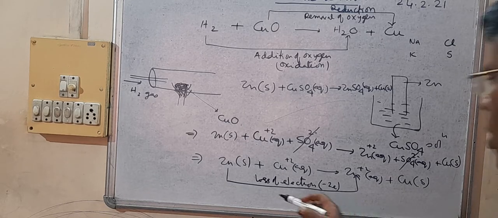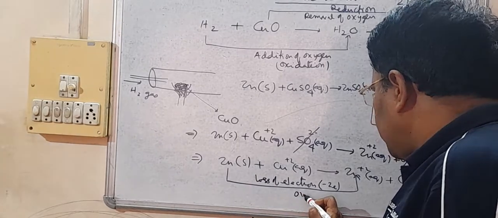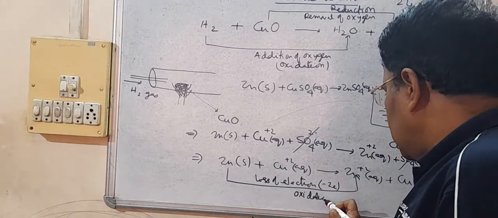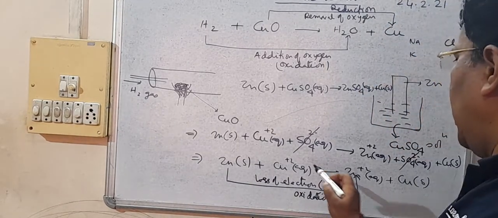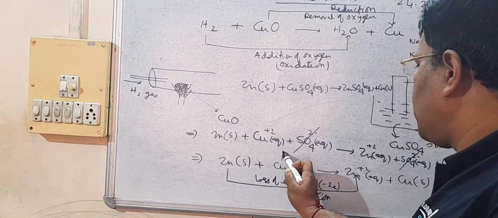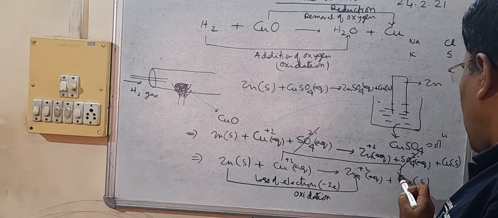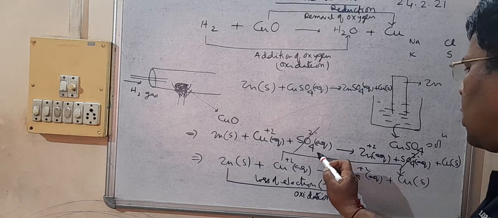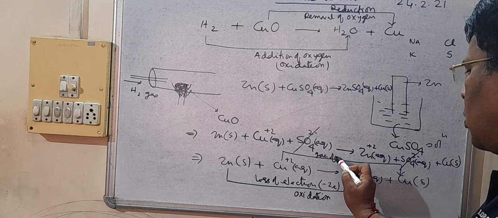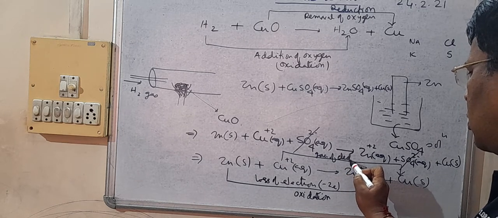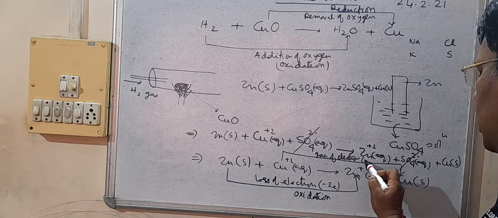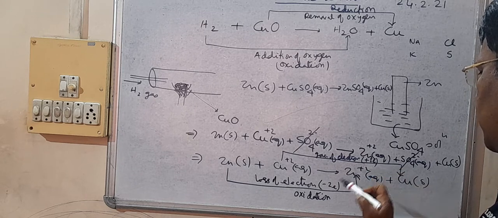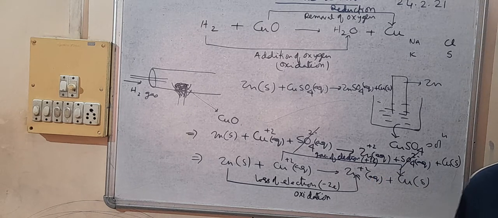So this process is oxidation. And you see Cu2+ to copper, there is gain of 2 electrons, that is plus 2e, and gain of electron according to the modern concept is reduction.